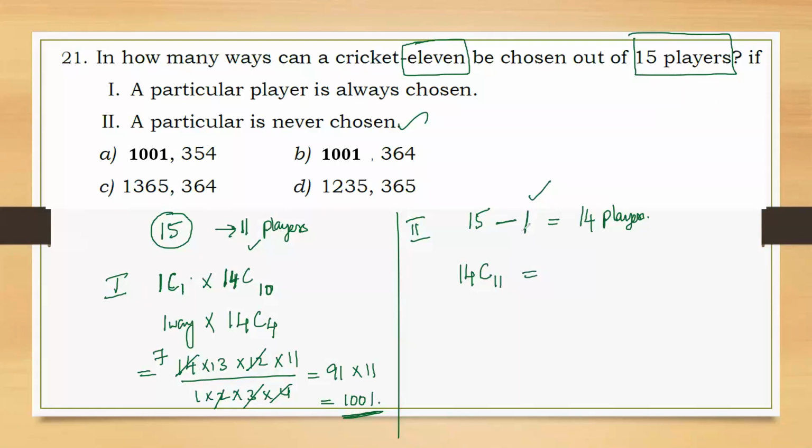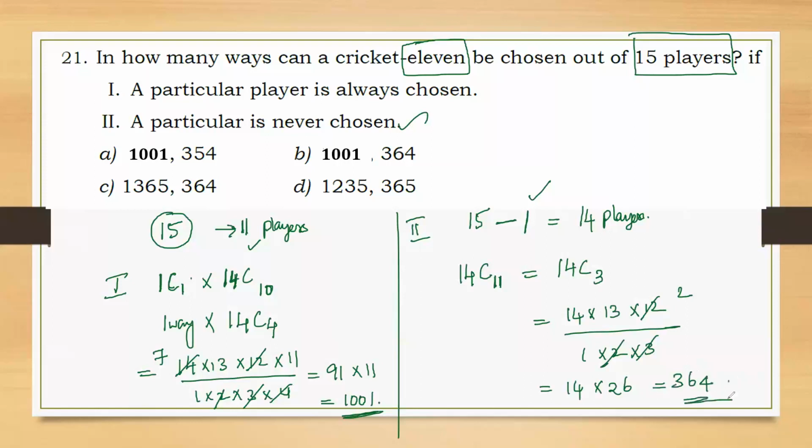You will not consider him, right? So 14C3. From 14, 3 numbers, divided by 1 into 2 into 3. 3 twos are 6, right? 6 twos are 12. You multiply and get 14 into 26, 364.